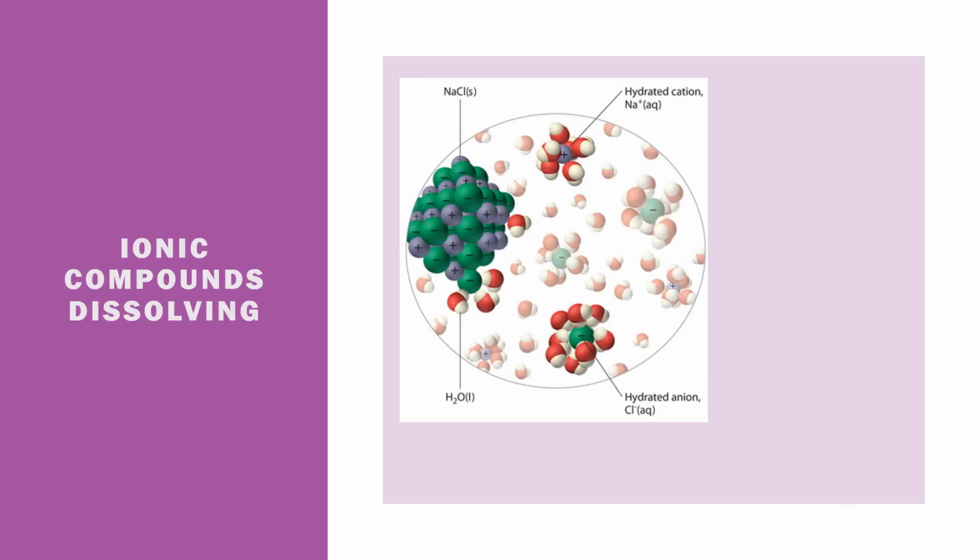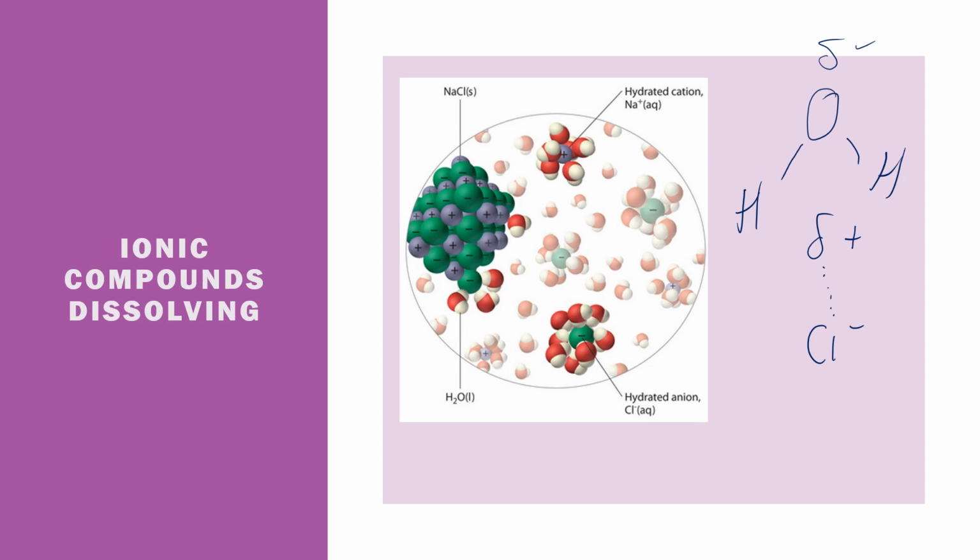Now, ionic compounds are typically soluble in water, and that's because of the alternating ions and because water is polar. So water has oxygen and hydrogen, making oxygen slightly negative and hydrogen slightly positive. So because of that, if you have a negative ion like chloride, it can form attractions with the positive end of the water molecule.